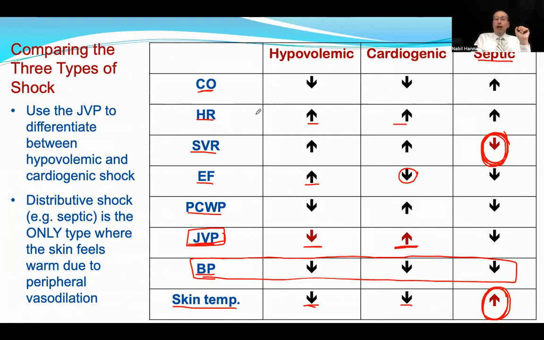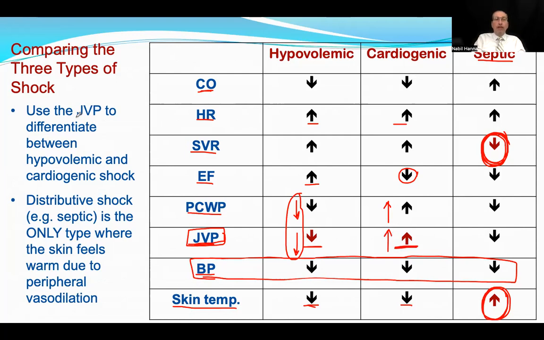In hypovolemic shock, because there is not enough blood, the pressure on the right side and on the left side is low. So the pulmonary capillary wedge pressure is low and the jugular venous pressure is low, simply because the blood volume is low. But in cardiogenic shock, the left-sided pressure is elevated and this causes pulmonary congestion, and the right-sided pressure is elevated and this causes jugular venous pressure to increase as well.